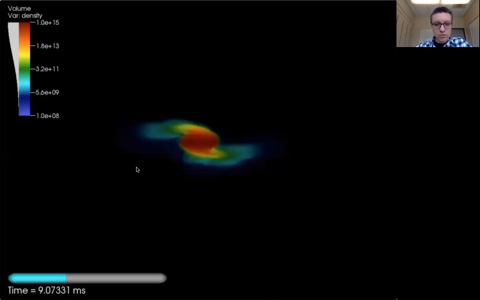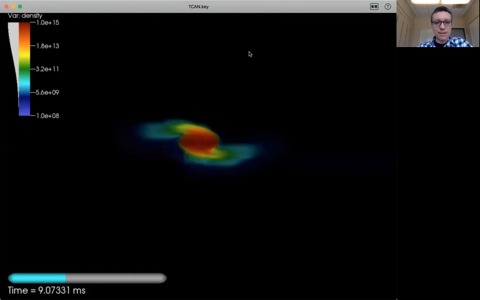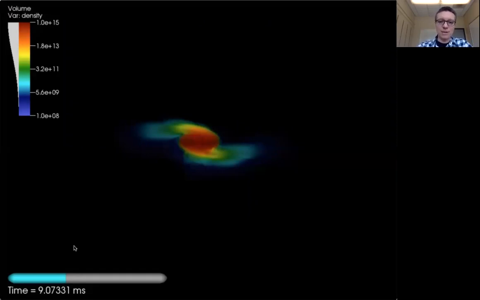So if I manage to change slides, I prepared a visualization of the merger phase of two neutron stars. What you see here is the density in grams per cubic centimeter. I've cut everything above the orbital plane. And what you're seeing here are two neutron stars that are about to merge. You can see a little bit of the tidal tail of the stars coming out.